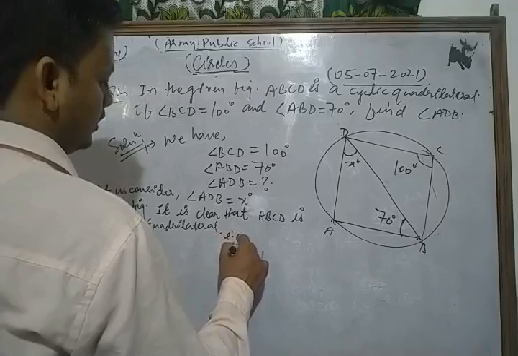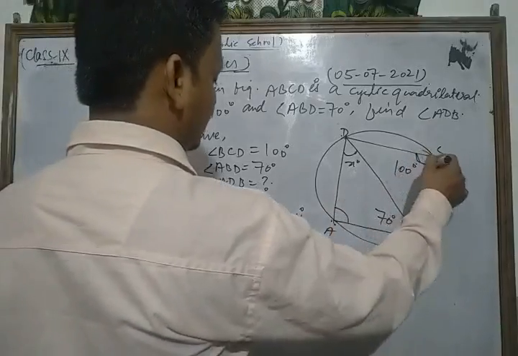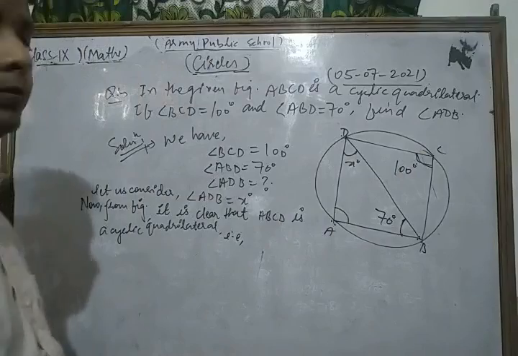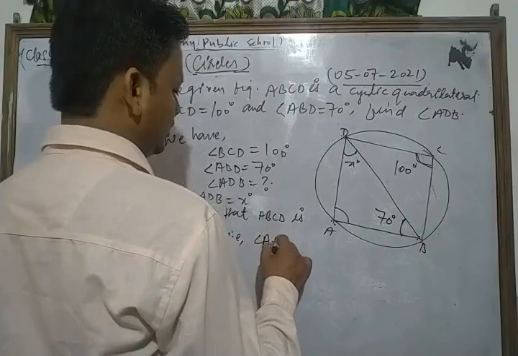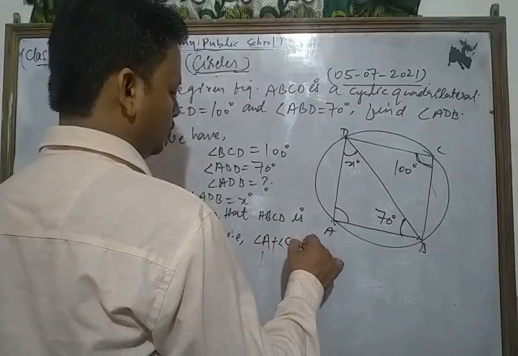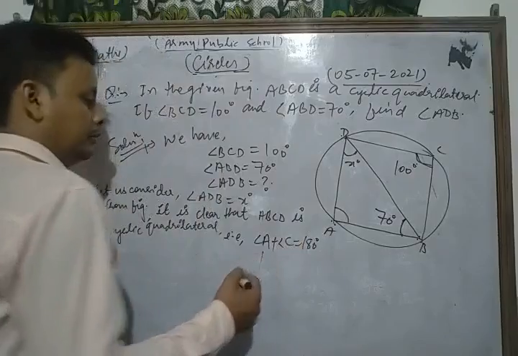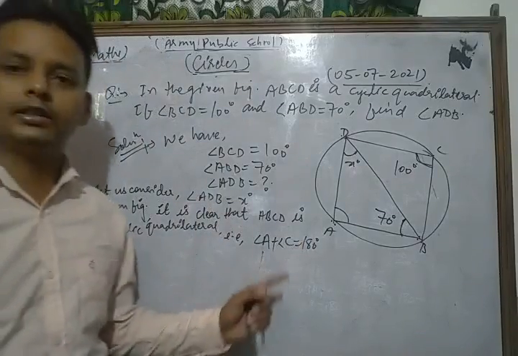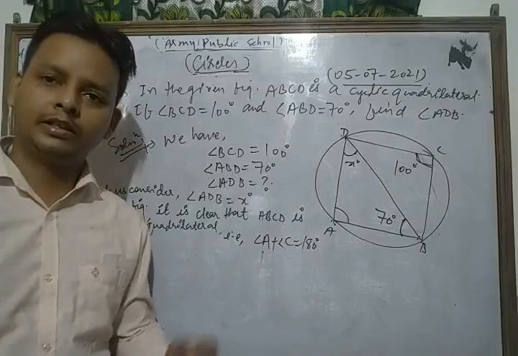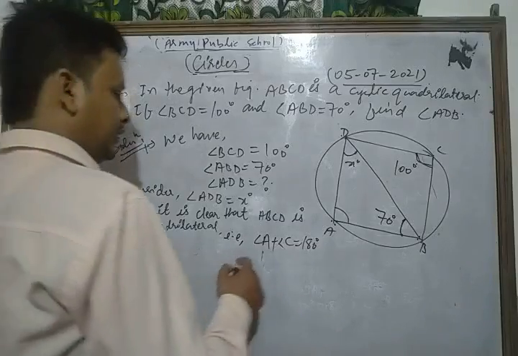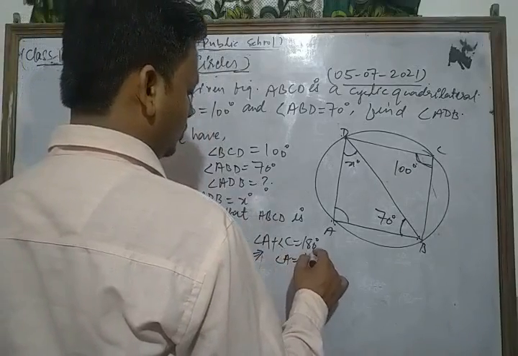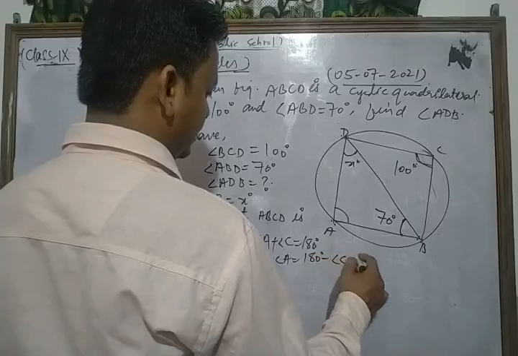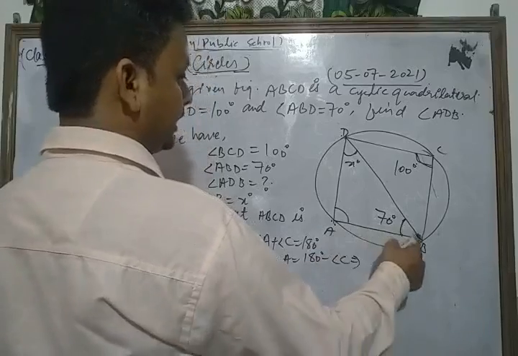That is, the sum of opposite angles is 180 degrees. That is, angle A plus angle C is equal to 180 degrees, by the property of cyclic quadrilateral. So angle A is 180 degrees minus angle C, and angle C means angle BCD.